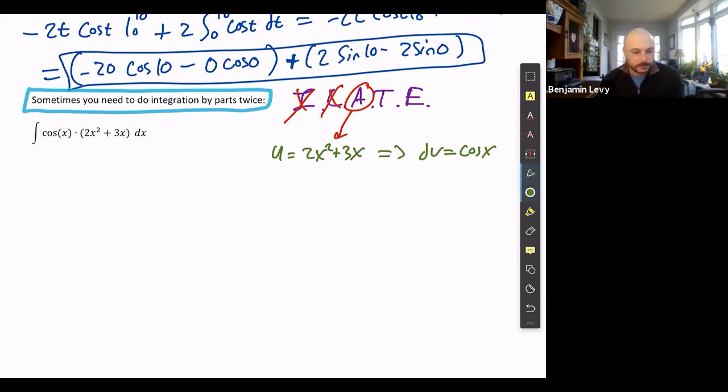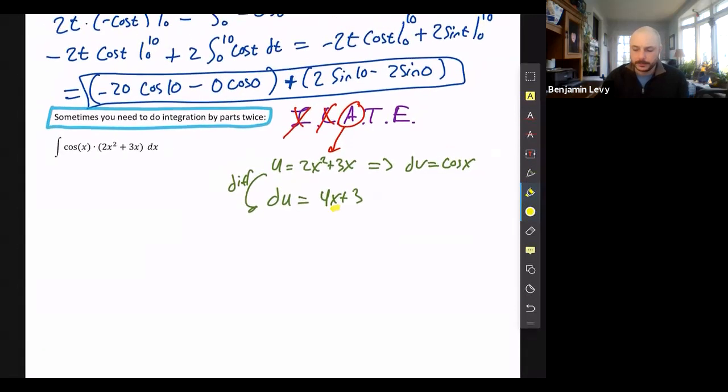So the predicament here is that when we do the du, when we differentiate this, we still have x's. This thing is going to be a problem, the x, because when we stick it back in, we're going to still have trig function times x, and so we'll have to do it a second time. Just kind of looking ahead at what's going to happen. And then we integrate the second part, of course, and we get sine.